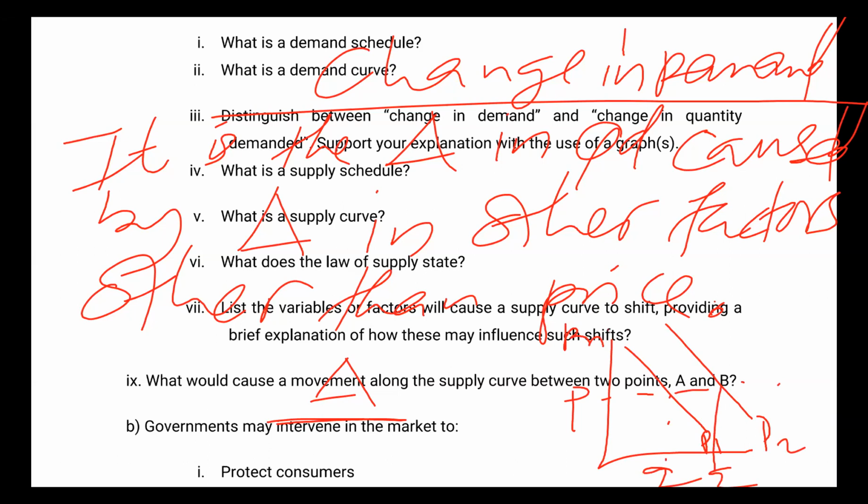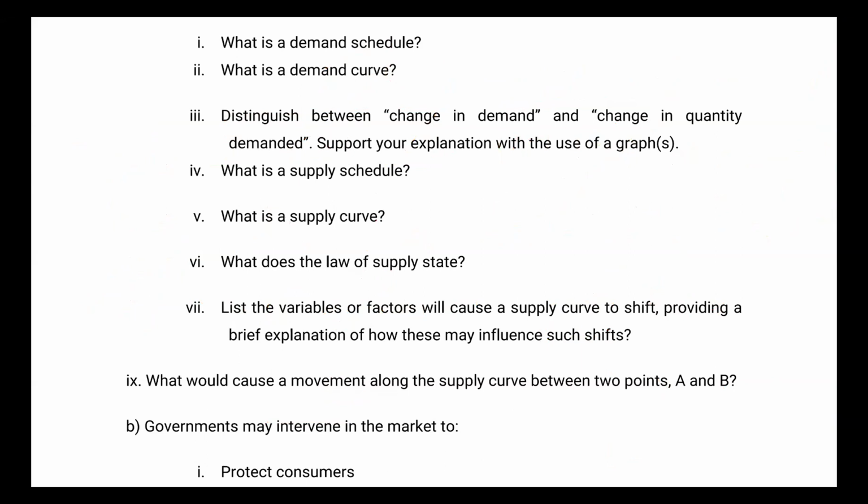We are summarizing the unit, so you have to ask your questions. Do I have any question on the change in demand? You talked about other factors affecting demand, so you're fine. Then from there, we can talk about change in quantity demanded.